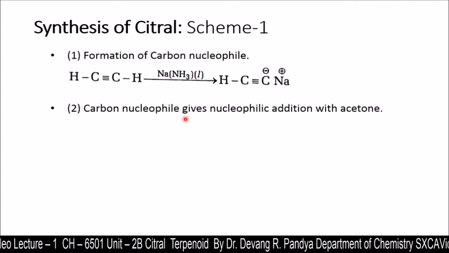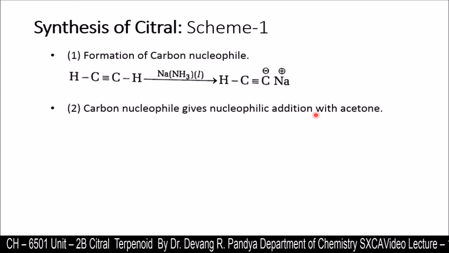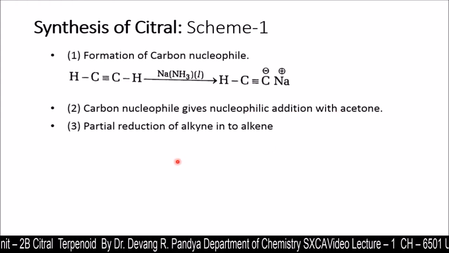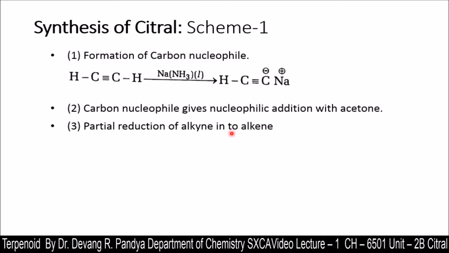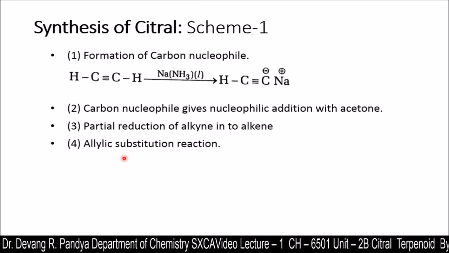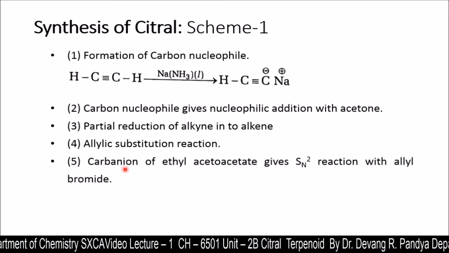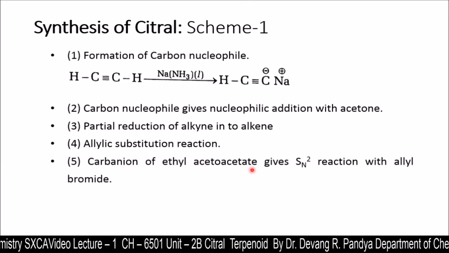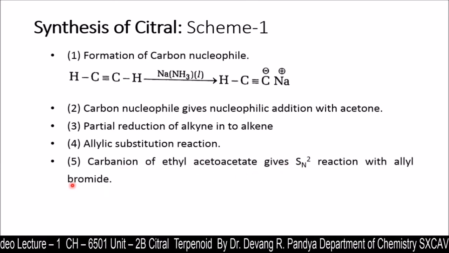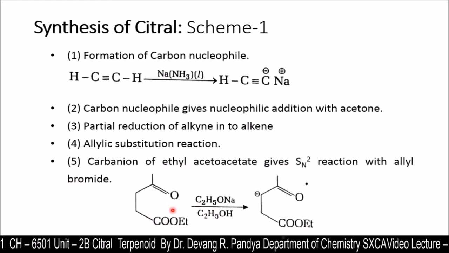The carbon nucleophile gives nucleophilic addition with acetone, then partial reduction of alkyne to alkene, then allylic substitution reaction. Then the carbanion of ethyl acetate gives an SN2 reaction with allyl bromide, like this one.